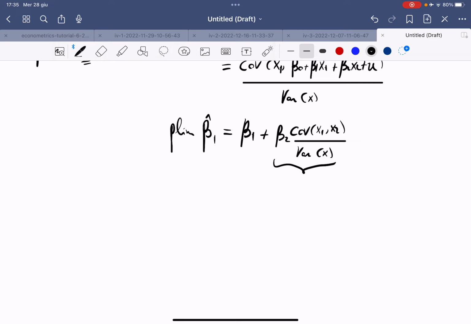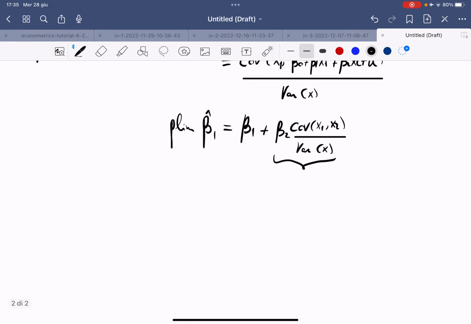This is the bias due to the omitted variable, because if the omitted variable has a positive or negative correlation, some kind of correlation with x1, then it will lead to a bias.